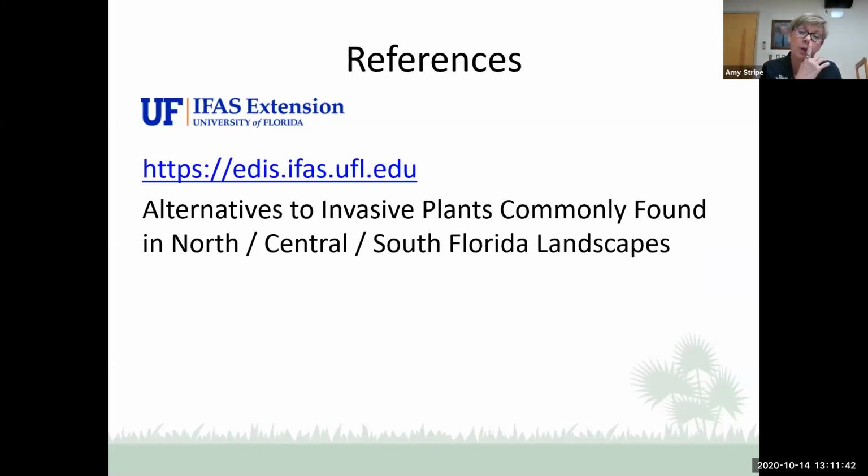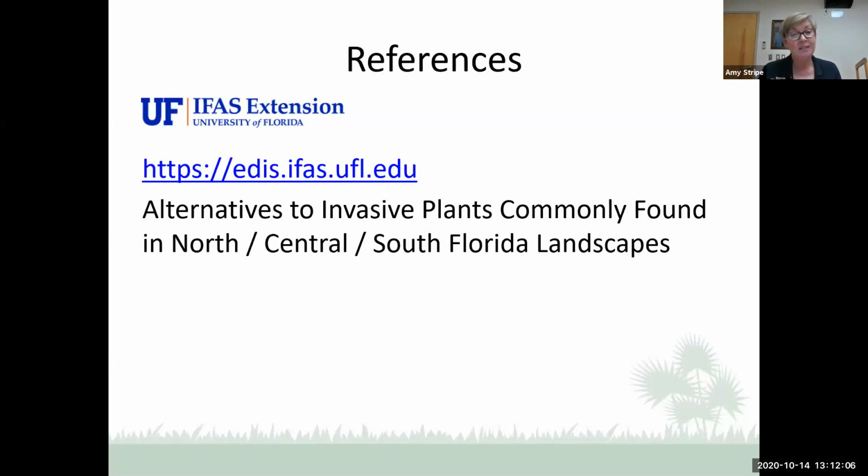So we're going to review 15 plants today, 15 commonly used invasive plants in our landscapes. My main alternative selections for each one of these is really a native plant, because that's the best insurance you have against a non-native being somehow deemed risky or invasive at some point in time, which does happen.